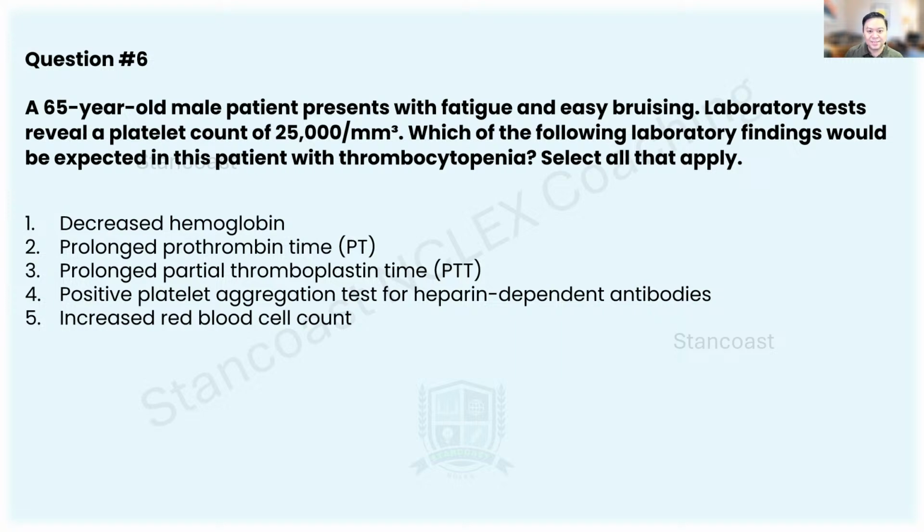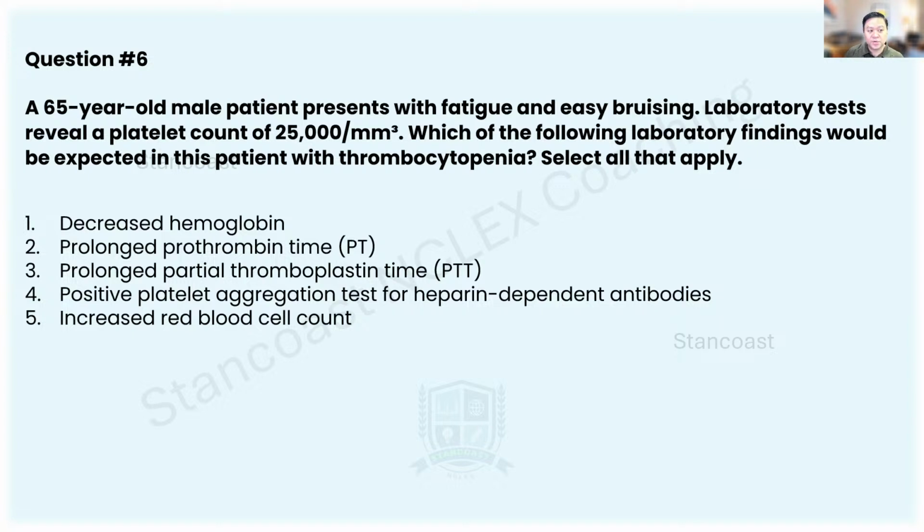Okay. The question states, a 65-year-old male patient presents with fatigue and easy bruising. Lab tests reveal a platelet count of 25,000 per cubic millimeter. Which of the following lab findings would be expected in this patient with thrombocytopenia? Select all that apply.